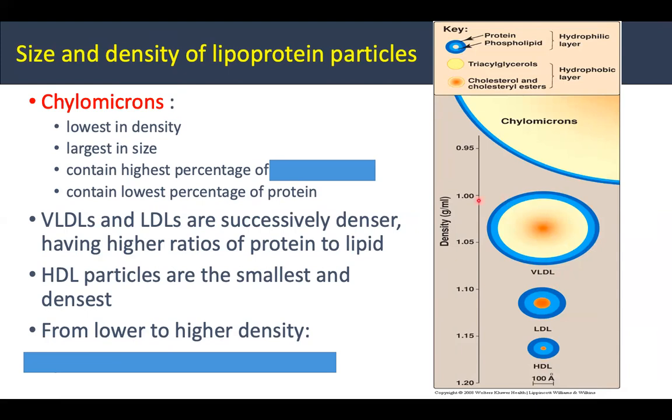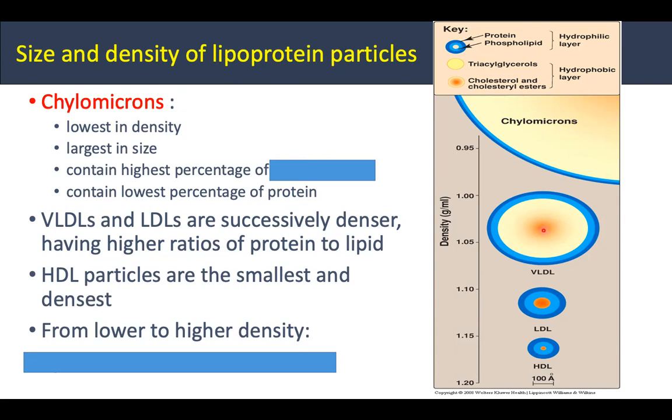However, the other three all carry enough cholesterol, especially LDL, that we want to include them, including VLDL. Yes, VLDL has more triglycerides, but it has enough cholesterol that we still want to include it.